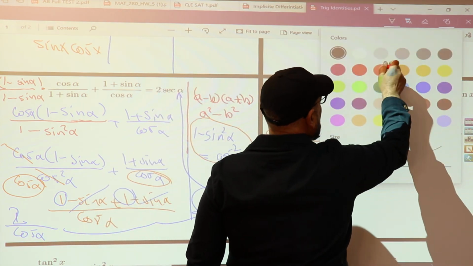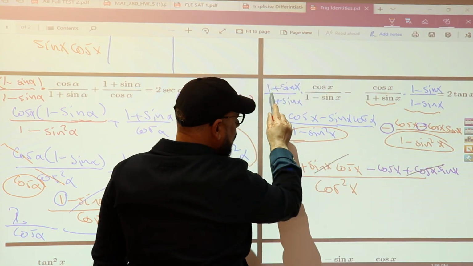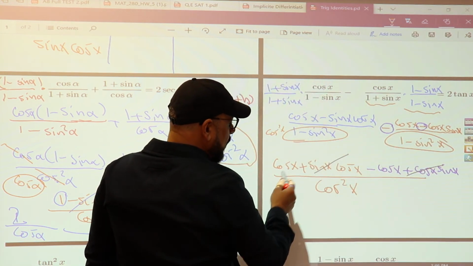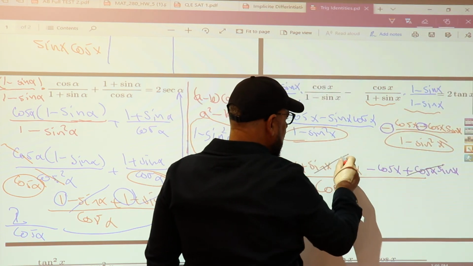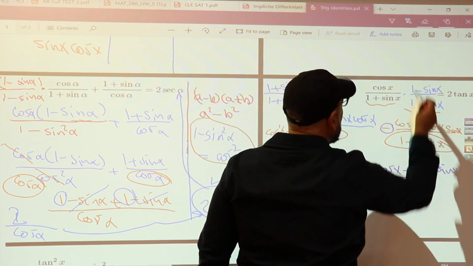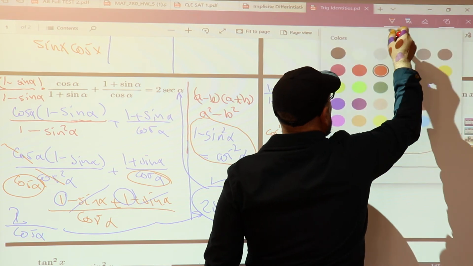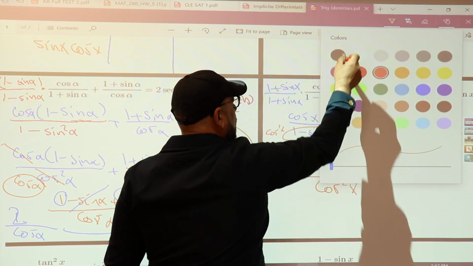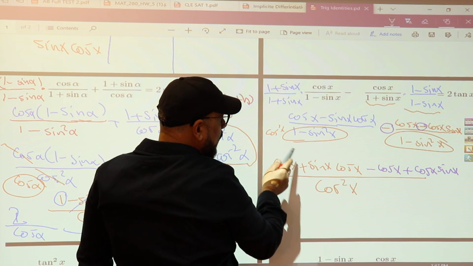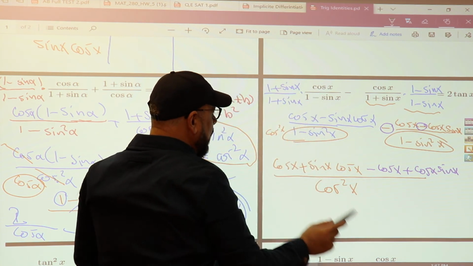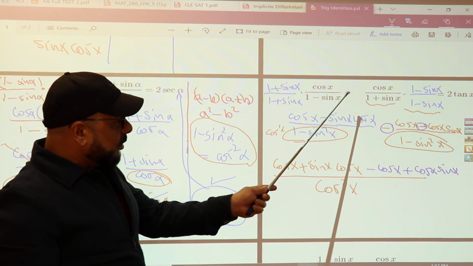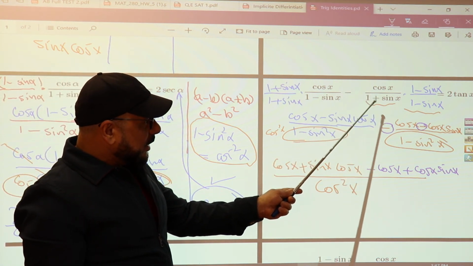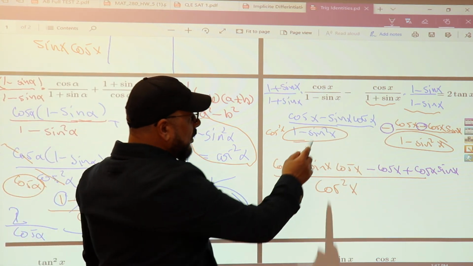Cosine x plus cosine x, which is going to cancel this one. Here you see that, guys? Because here cosine, 1 plus 1 times cosine plus cosine sine. Here, minus, right? The minus here. This is going to be plus.